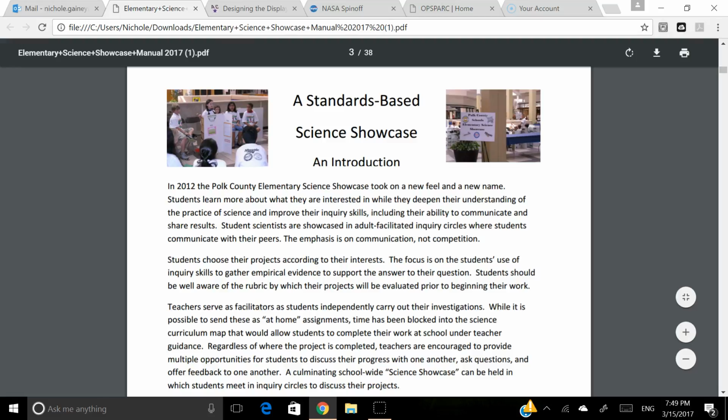At this level, at grades 4 and 5, the students are doing more of a presentation of what they did, what they researched, what their project was all about, their findings or conclusions, and next steps that they would study going forward.